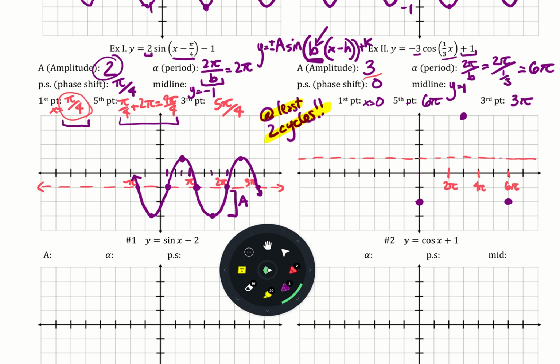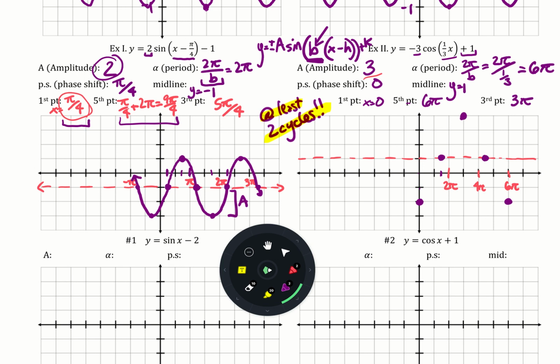For points 2 and 4, just do midpoints, okay? Between 0 and 3 is 1.5. So that's going to be here. It's where it crosses the fake x-axis, crosses the midline. Between 3 and 6 is 4.5. That's where it's going to cross the midline.